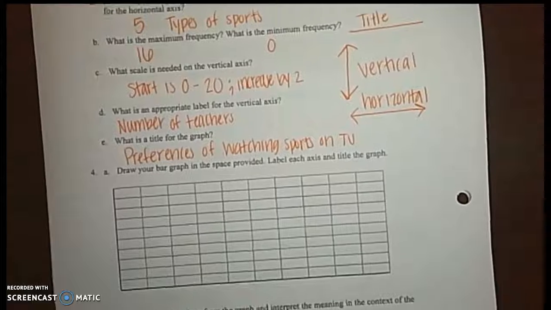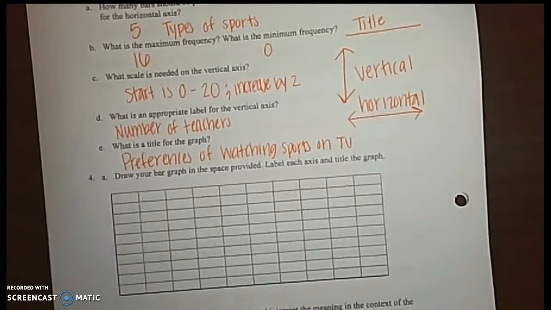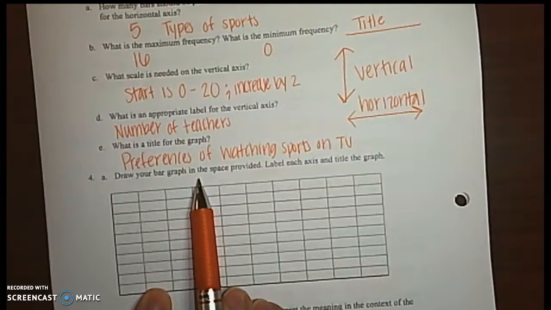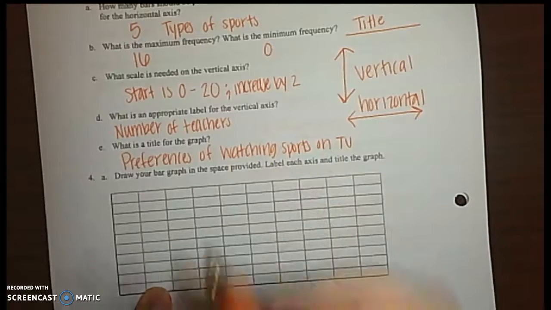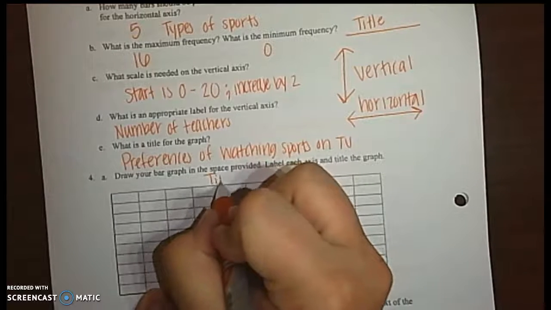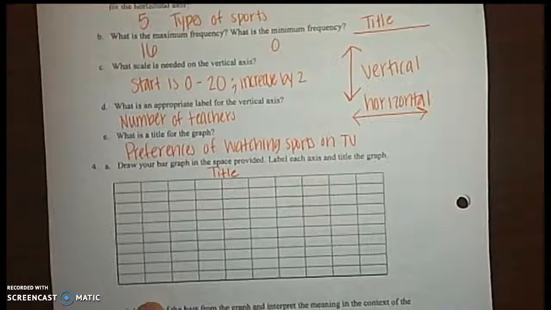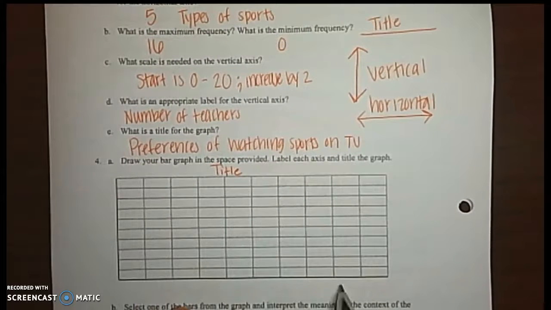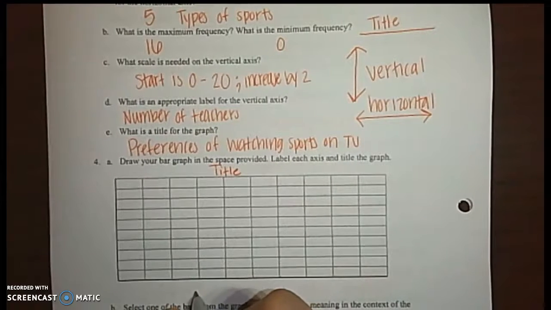On the next line, we're going to actually graph our data. So we need to make sure that we have our title right here. Down here on our horizontal axis, we need the title for our horizontal axis, which was types of sports.